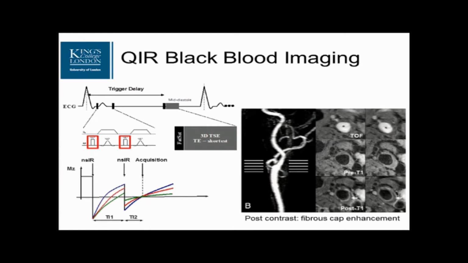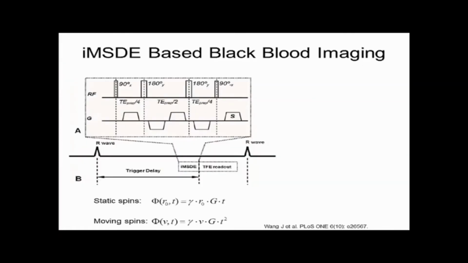So we can null the blood signal before and post contrast administration, which is quite important. For instance, here you see a scan pre and post, and using the same settings, you can null the blood while you still get signal from the tissue that you had reinverted with the slice selective pulses.